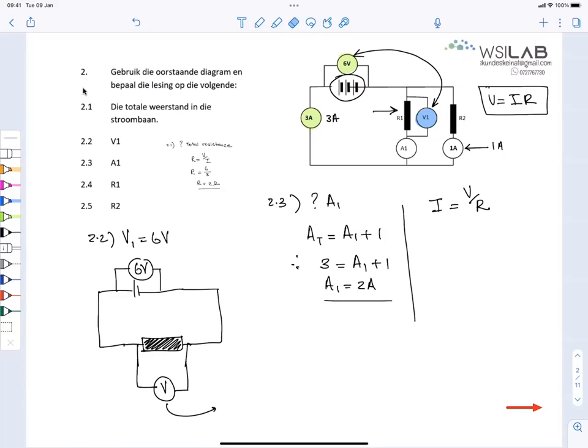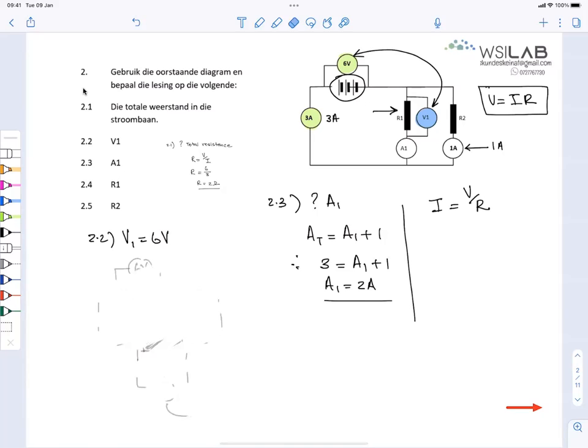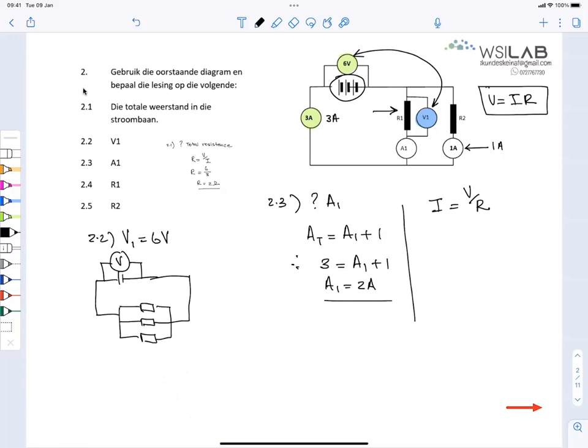So I made you learn the following. Very important. If I have a battery and I have a voltmeter there, it doesn't matter how many resistors are put in parallel. They will all have the same voltmeter reading, and that's the voltmeter reading over the battery.